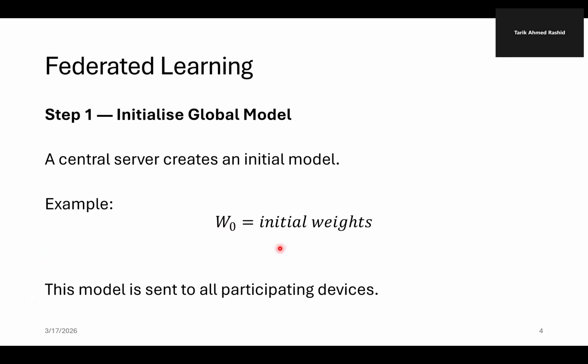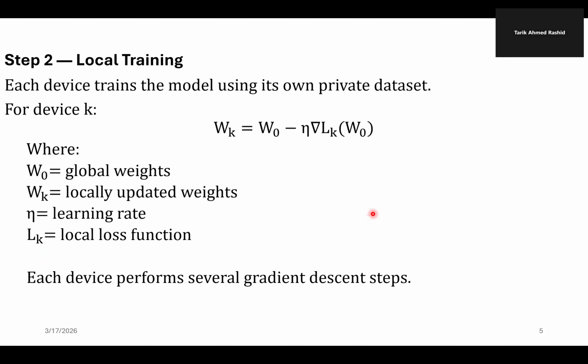This will be initialized randomly by the server. And then the model is sent to all other devices, and each device trains the model using its own private data set.